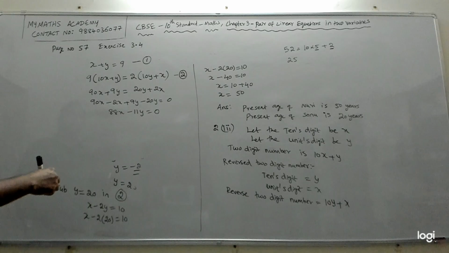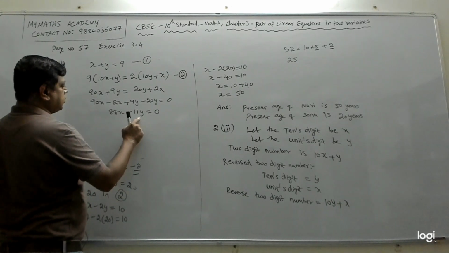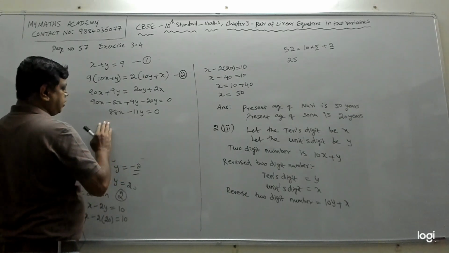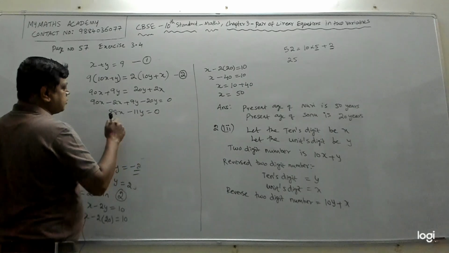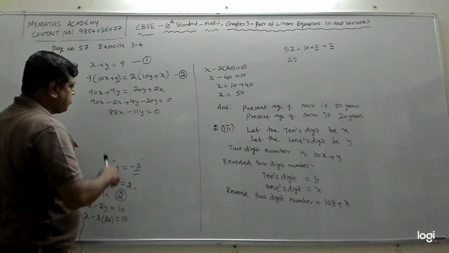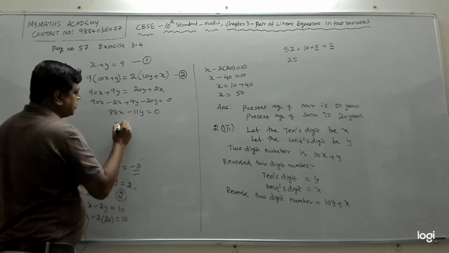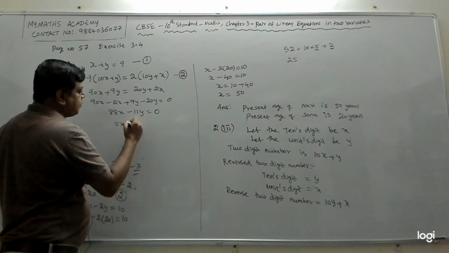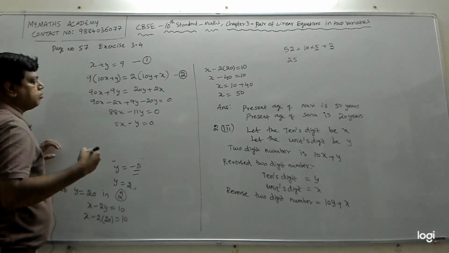Equal to 0. Right? So now if you observe this, both these numbers are divisible by 11. So we can divide every term by 11. 88 by 11 is 8, so this becomes 8x, and 11 by 11 is 1, which becomes minus y equal to 0.